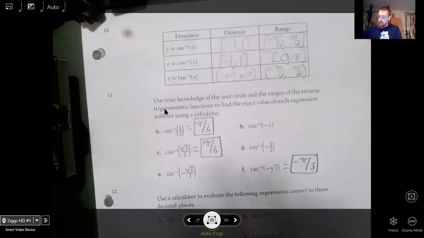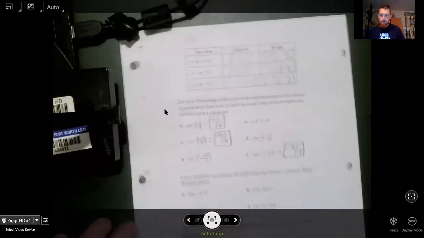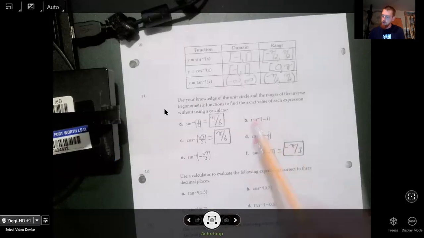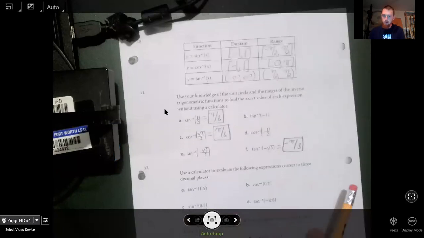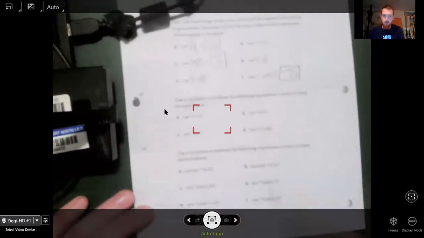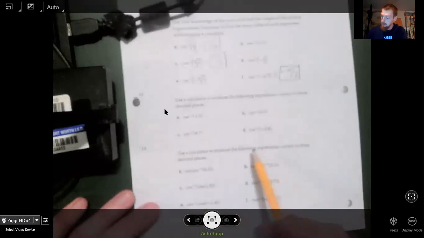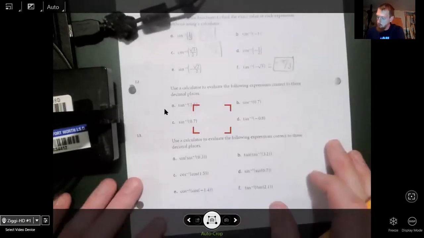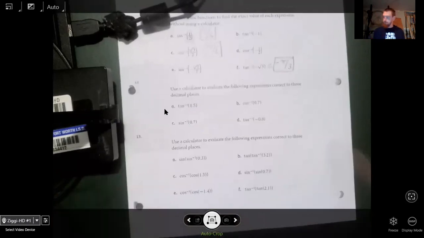So what is the rest of this? I'm going to leave B, D, and E for you to solve. Check with the notes that your teacher puts up. This is using your calculator to check those. As long as your calculator is in radian mode, you should be good to go there. Those answers will be posted.